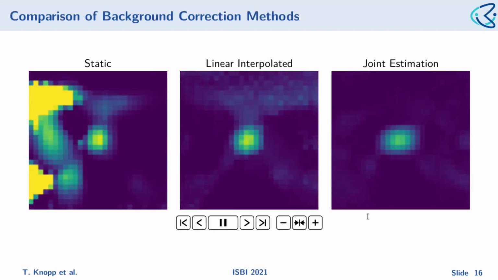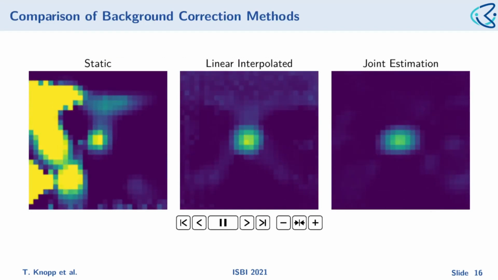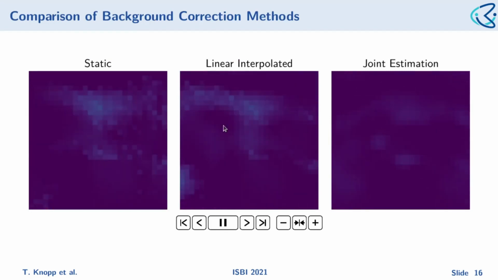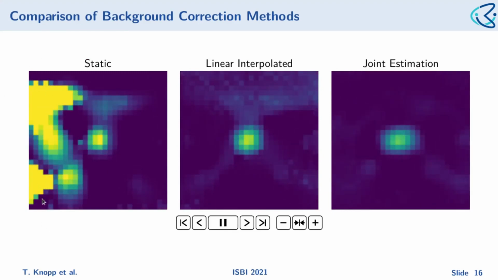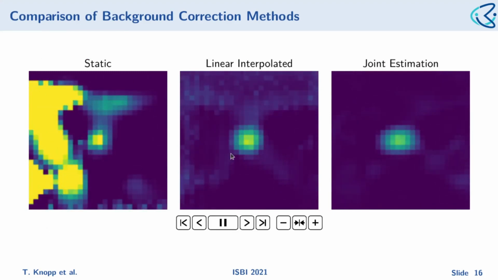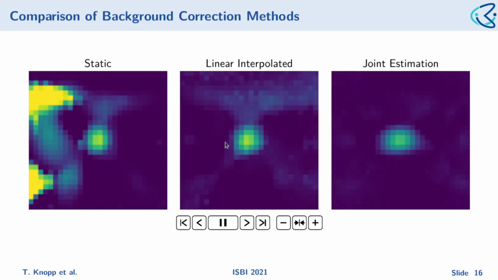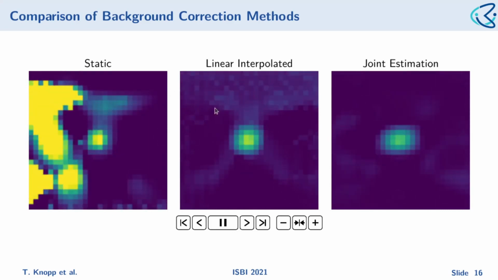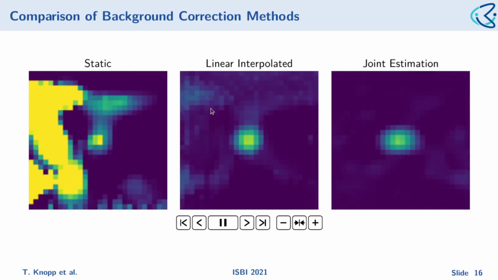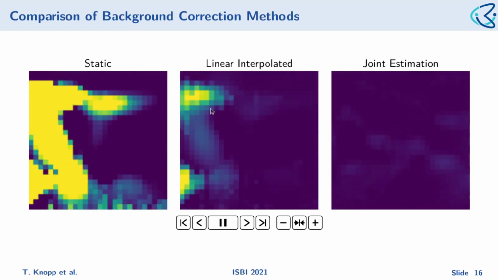On this slide, all three background correction methods are compared. Left, the static background correction method, which shows strong artifacts. In the middle, the linear interpolated background correction method that performs much better, but also shows a small artifact, which is due to nonlinear signal drifts.